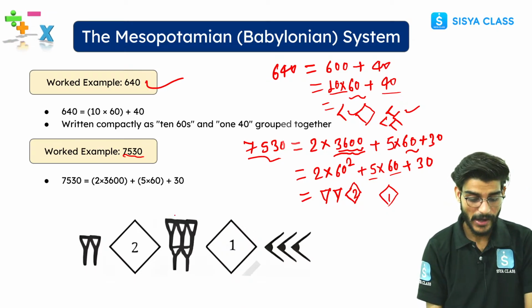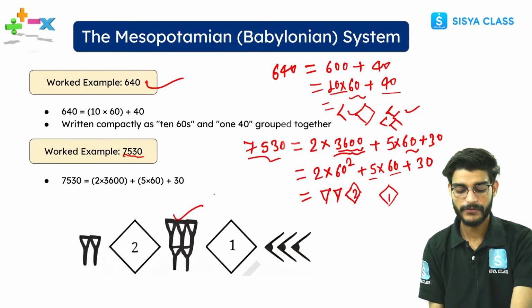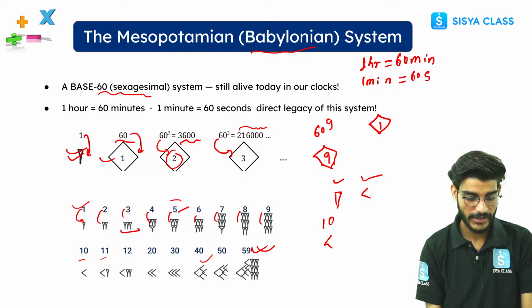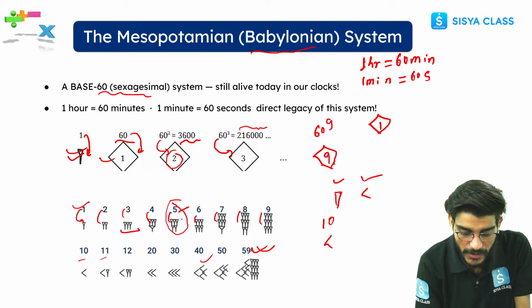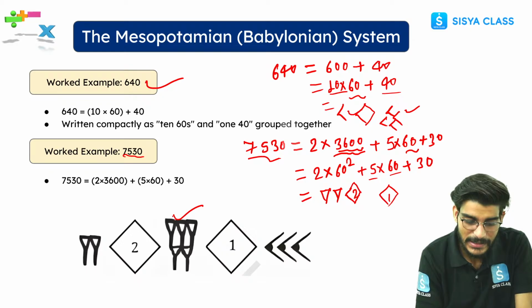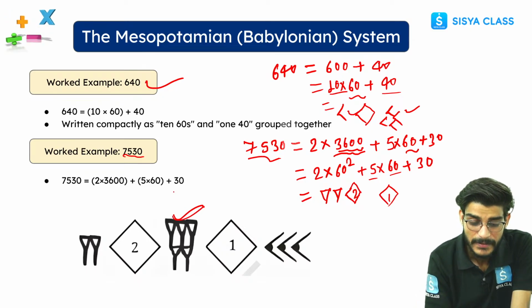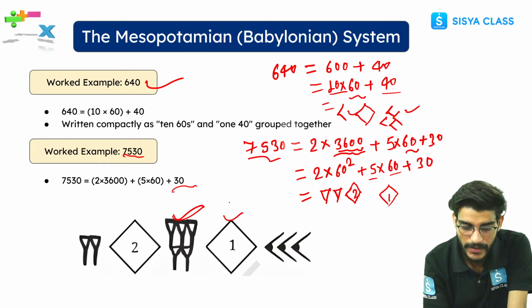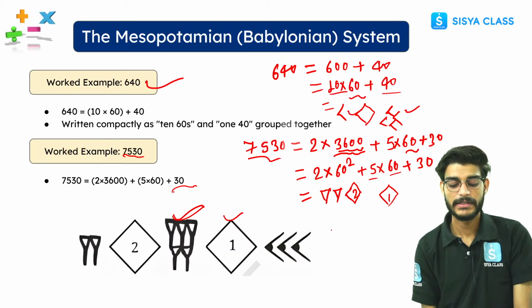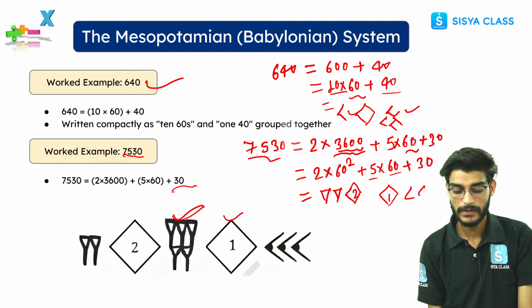So 5, how will you draw it? See, you have to remember the notation. This is the symbol we can use for 5. Next is 5 into 60. So for 60, this is the notation, and 30. For 30 I will have a notation. This is for 10. So for 30, like this. This will be the notation.